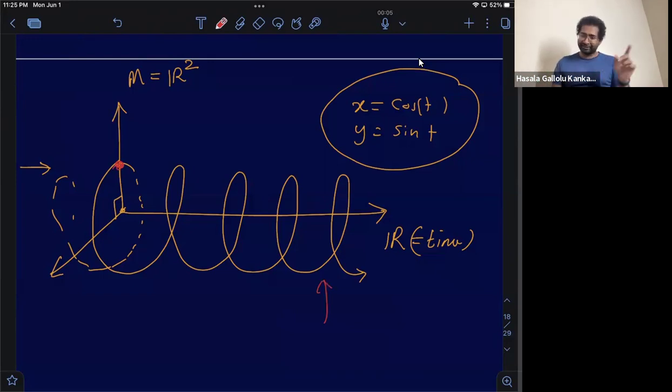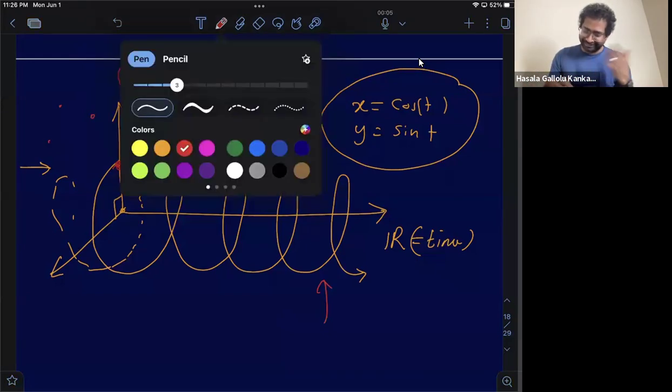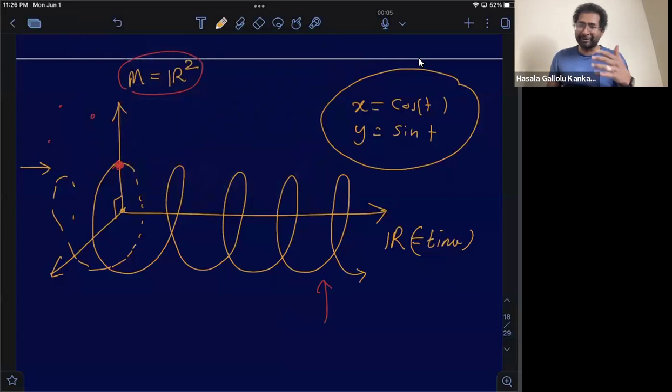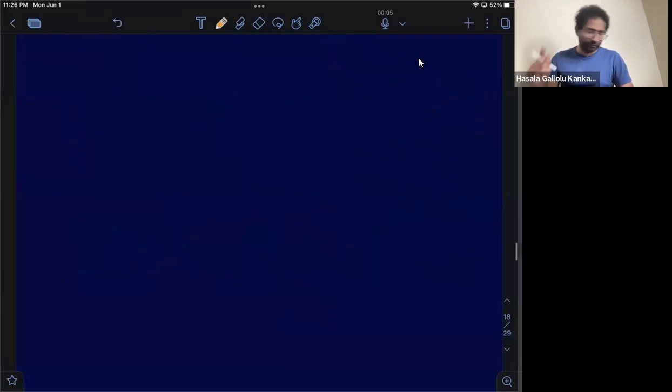But don't forget, we need to talk about the same thing for any other point on this R2 space. So when you consider this R2, you can pick different values. And for different inputs, what kind of trajectory are we going to get? So that is the real example that we are targeting. Okay, so let's wait for that.